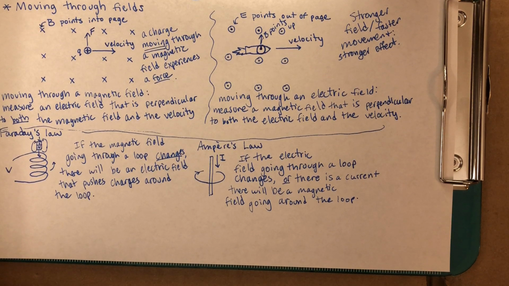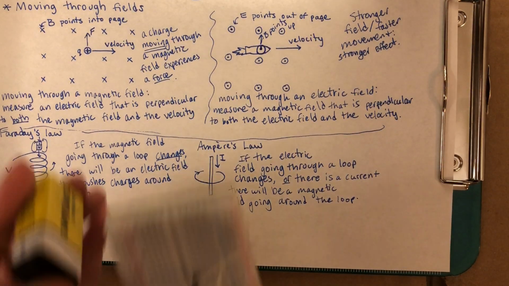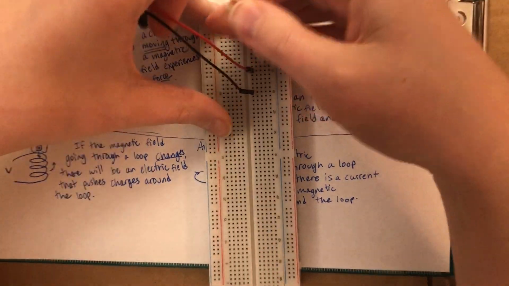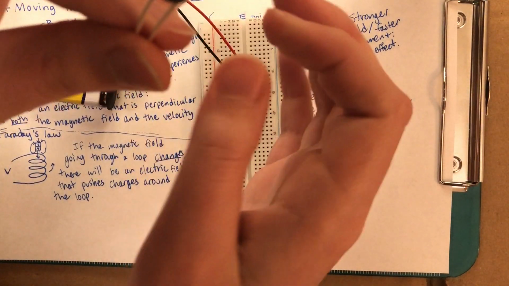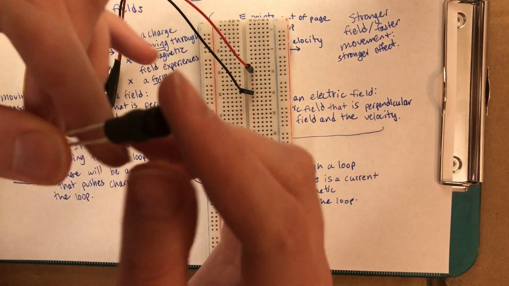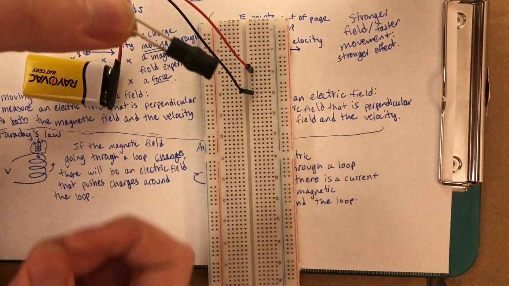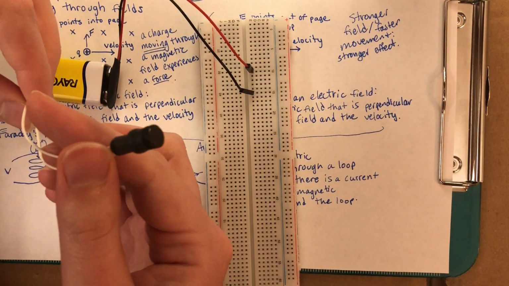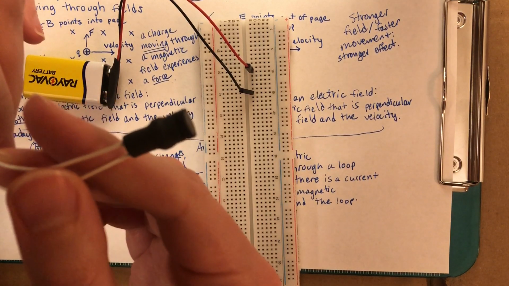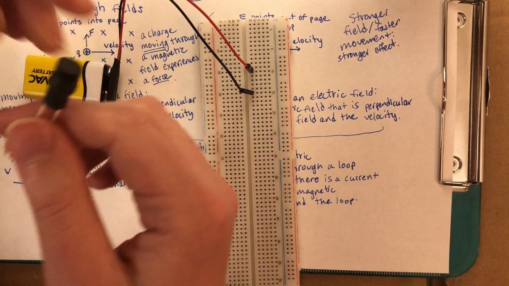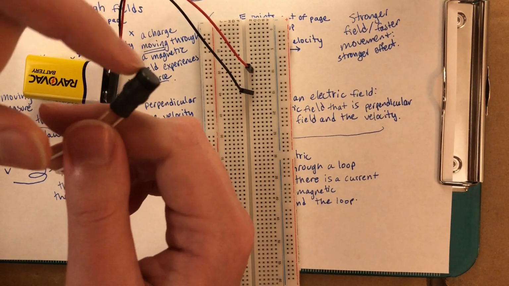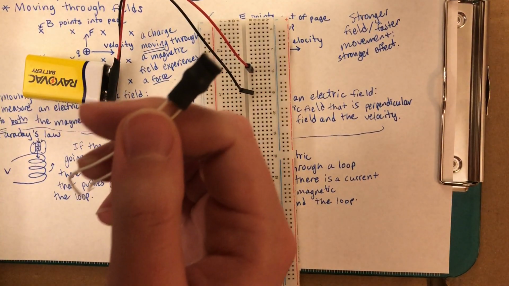Let's see an example of this happening. So here we have from the circuit kit a little electromagnet. What this is basically is a coil of wire, like a better version of the toilet paper tube on the inside. And when I cause current to flow through this thing, that's going to create a magnetic field.